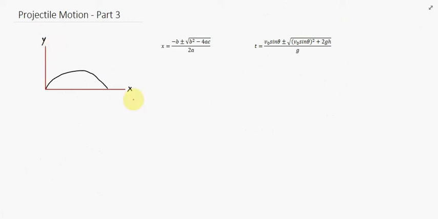Traditionally, we'd have x and y axes, the y axis being your vertical, the x being your horizontal, and a parabola is generally governed by this generalized formula, which says that the equation describing this parabola is y equals ax squared plus bx plus c.